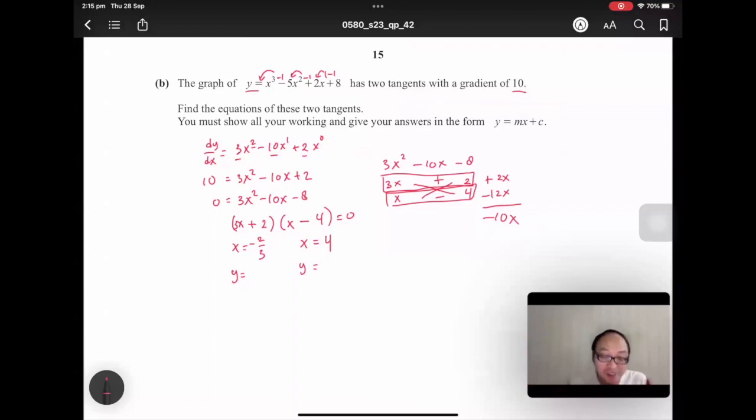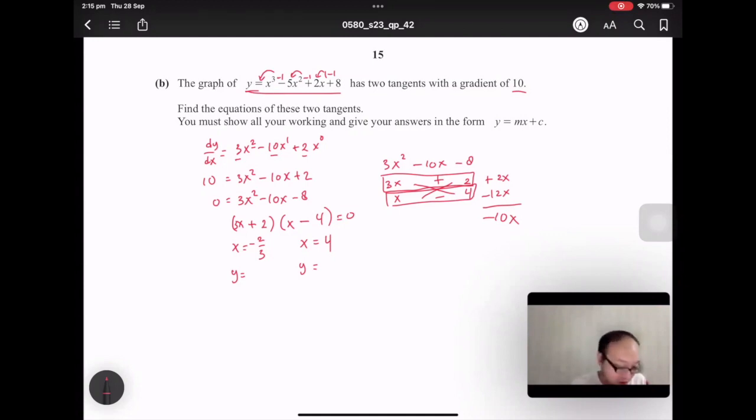The y value for the first one is, you put into the equation, negative 2 over 3 cubed minus 5 times negative 2 over 3 squared plus 2 times negative 2 over 3 and then plus 8.